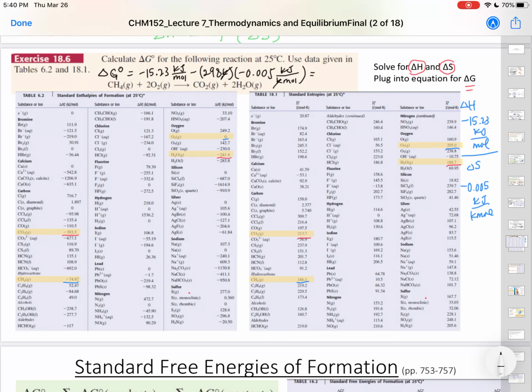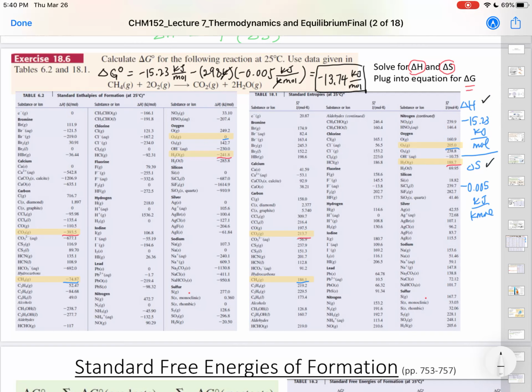Now, the Kelvins cancel out, so we're both in kilojoules per mole, so we can do this math real quickly. Minus 15.23 minus 298 times minus 0.005. Okay, this comes out to minus 13.74 kilojoules per mole.